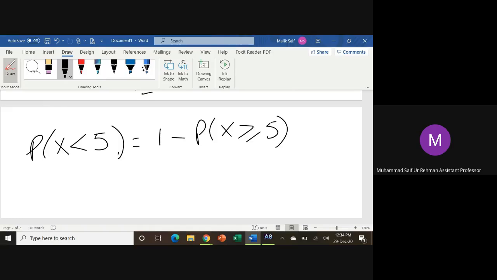You know, basically there are 3 possibilities: equal to, less than, or more than. If you add all these 3 possibilities, you will have the answer as 1.